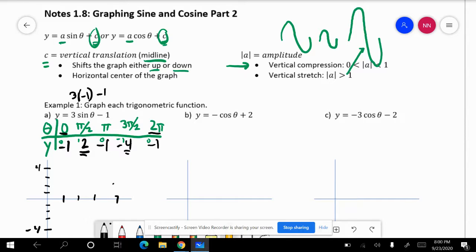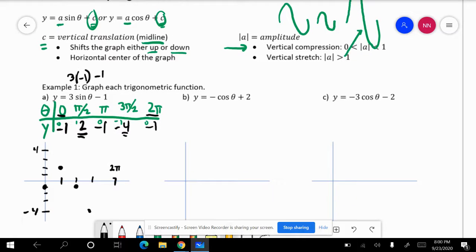So we're going to plot our values, and we have 0, -1; pi halves is 2; pi is -1; 3 pi over 2 is -4; and what we have is 2 pi being -1.